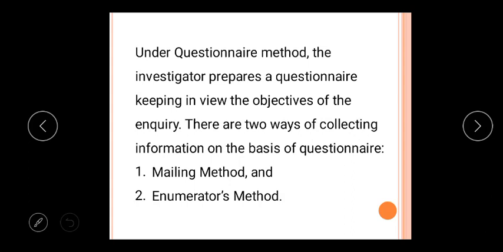Students, a questionnaire is a list of questions prepared by the investigator related to the problem under investigation, with a choice of answers. Under this method, there are two important ways of collecting information. Number first is the mailed questionnaire method or mailing method. Number second is the enumerators method.